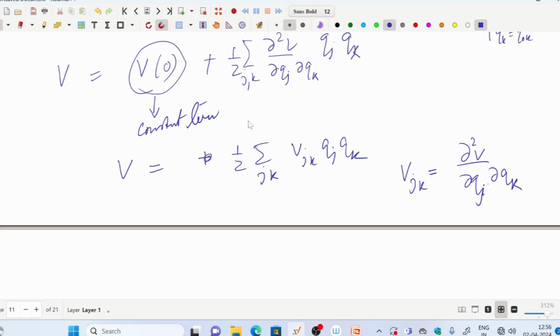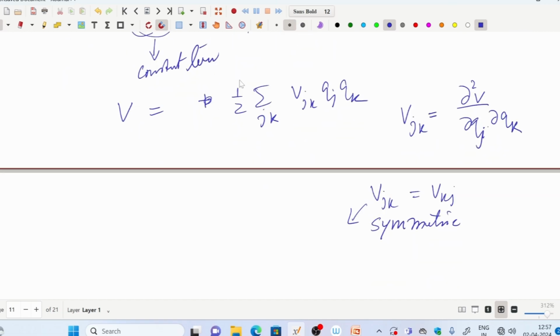And you can see that we can interchange the derivatives, so V j k is V k j. This is symmetric because you can change the order of derivatives. In matrix form, because it is a general case, V will be V 1 1, V 1 2, and so on to V 1 n, similarly V 2 1. So, this will be a symmetric matrix.